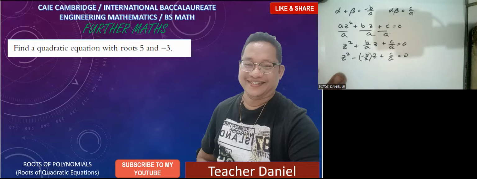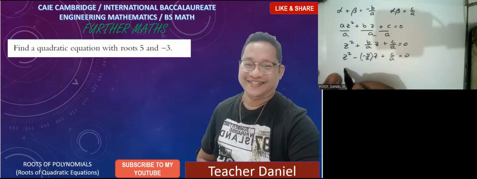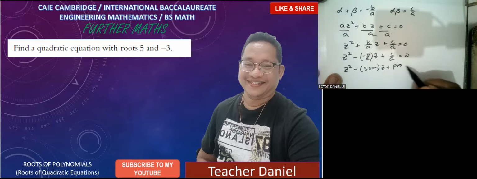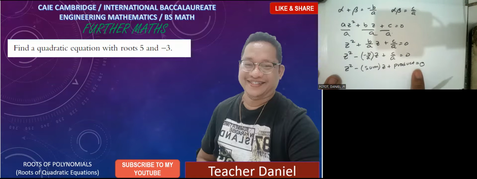Now let's write this in words so it makes sense for us. That's z squared minus the sum of the roots, z, plus the product. I'm quite sure that when you were in year 8, you learned this.